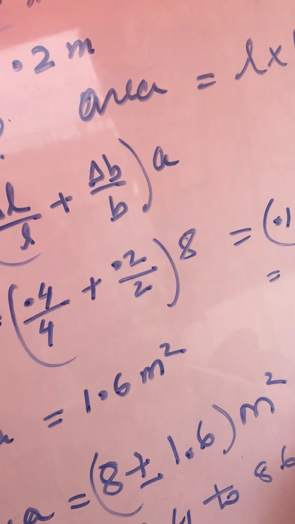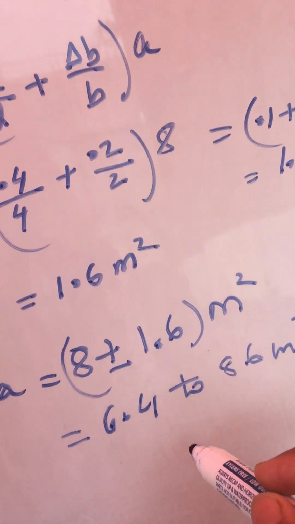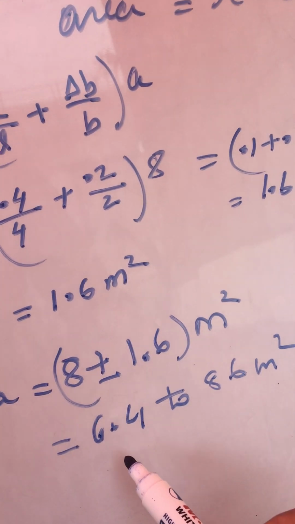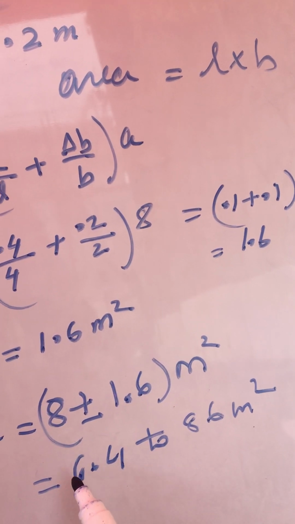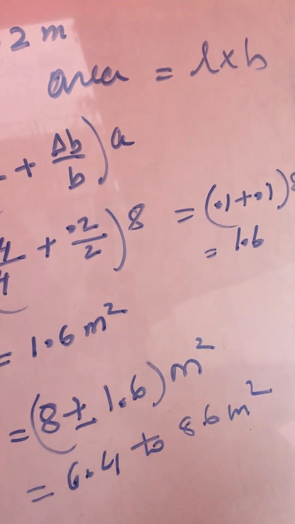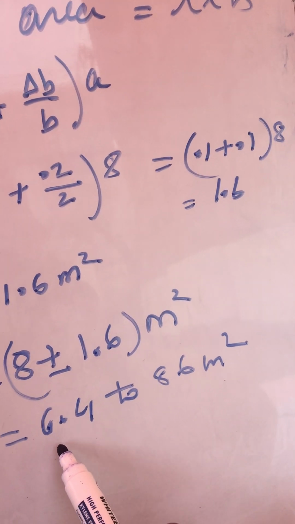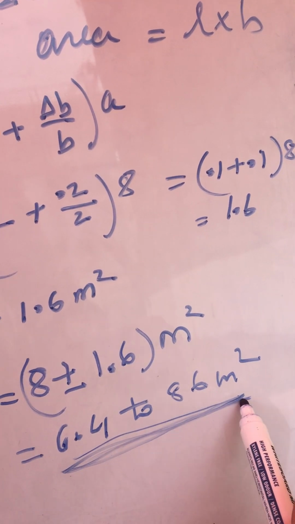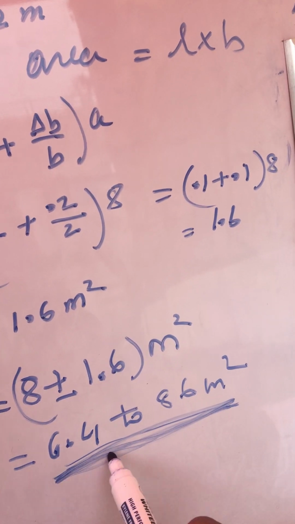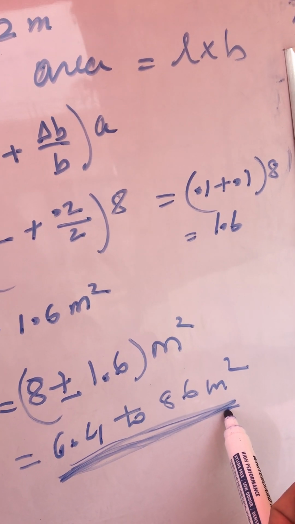So what it actually means is that when you did that experiment, the actual area should lie in between 6.4 and 9.6. So in this range the actual correct value is. It carries that meaning.